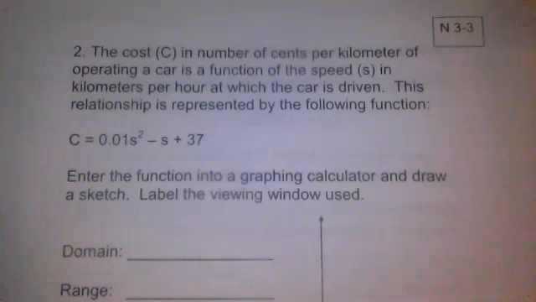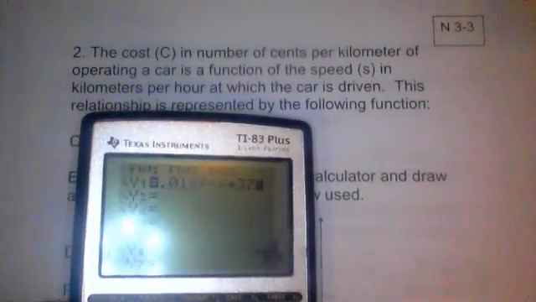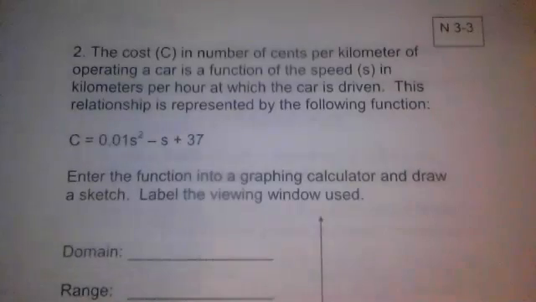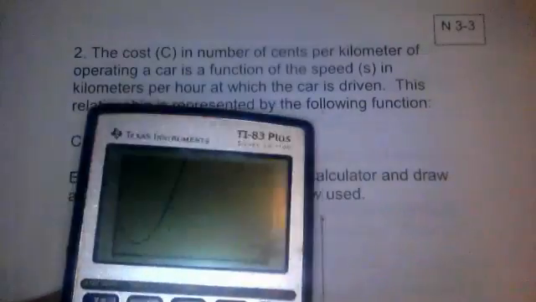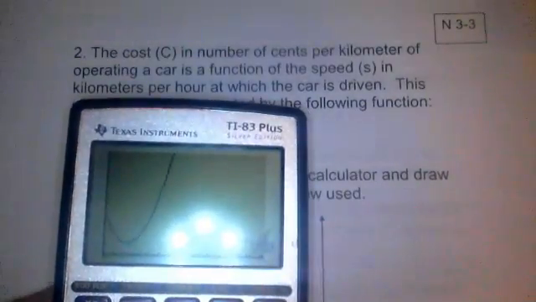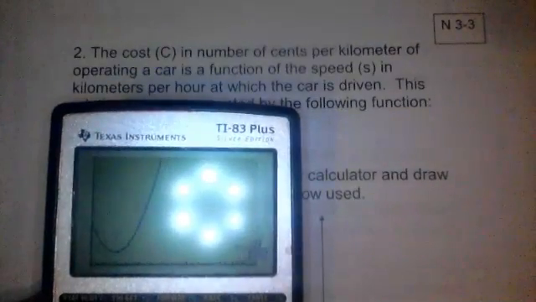So we're just going to type this equation into the calculator, and it wants us to graph this one on our calculator. So this is the same window as I used for the first problem. So it's not a terrible window.